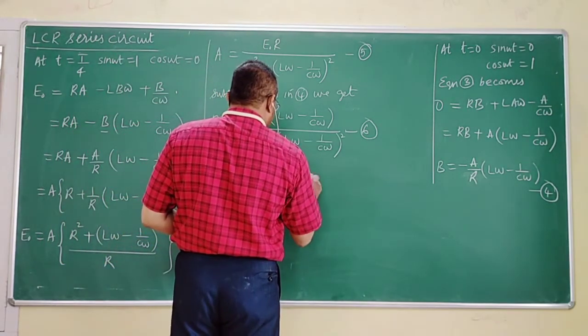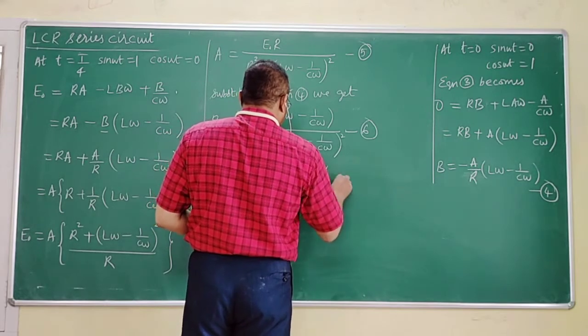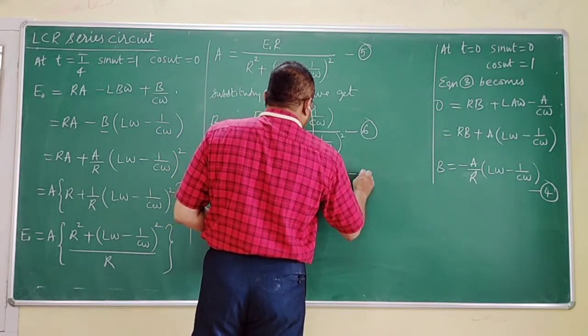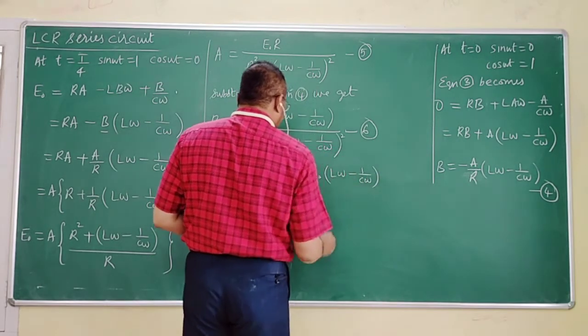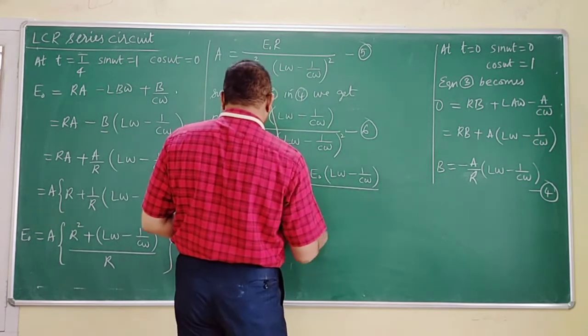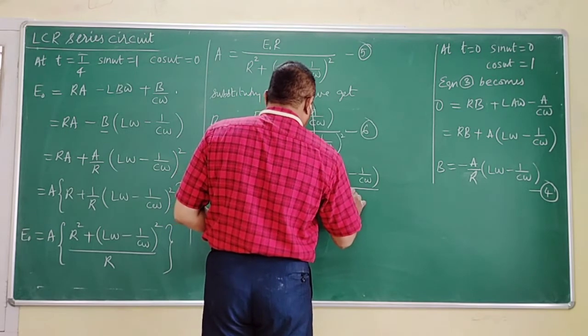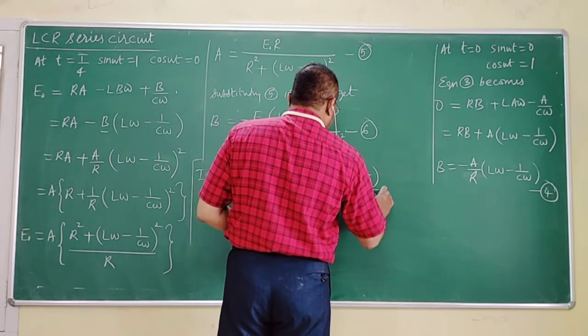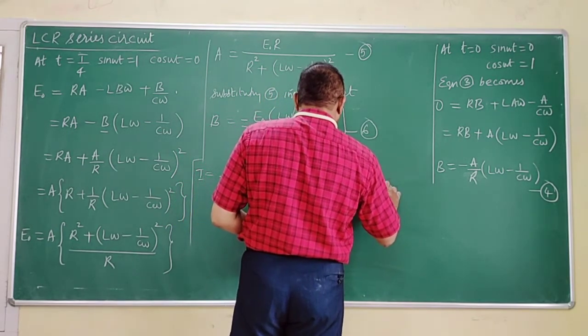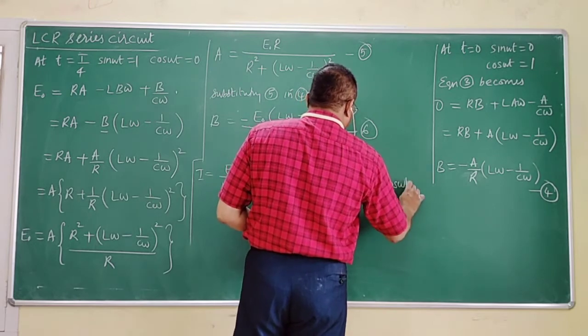Therefore, this will be minus E naught L omega minus 1 by C omega upon R square plus L omega minus 1 by C omega the whole square into cos omega t.